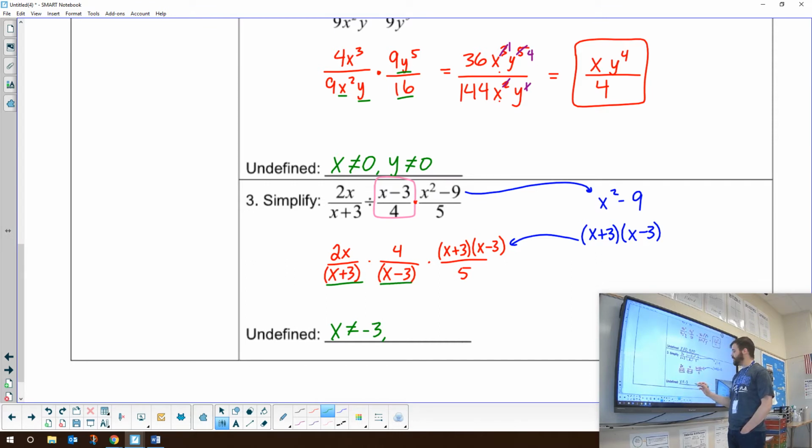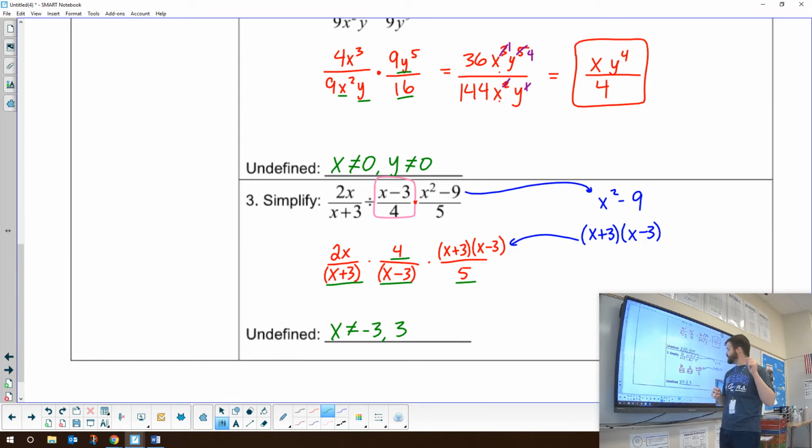X minus 3, the opposite of that is positive 3. 5, oh, that doesn't give me anything because there's no x. We only care if there's an x attached to it. And then we also have to look at what used to be in the denominator. Since I flipped this fraction, we also need to look up here. But once again, 4 does not have an x with it, so it's not going to affect my undefined.